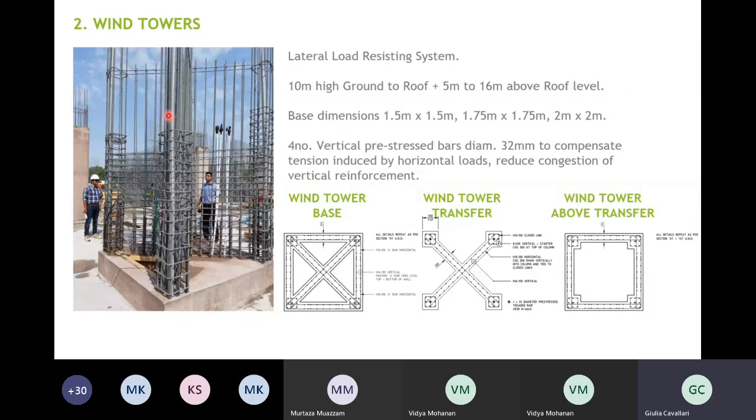So you can see in this picture, this is the duct that has a pre-stressed bar inside, and the system is similar to what we have seen before for the post-tensioning. So the concrete will be cast, and then the bar is going to be stressed.